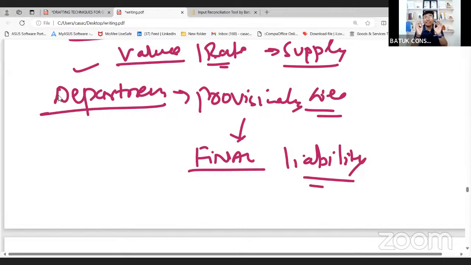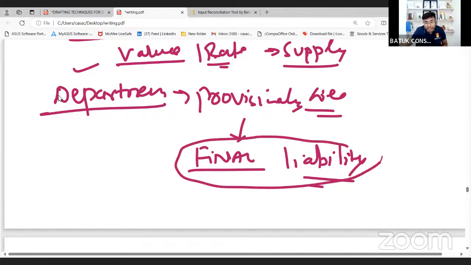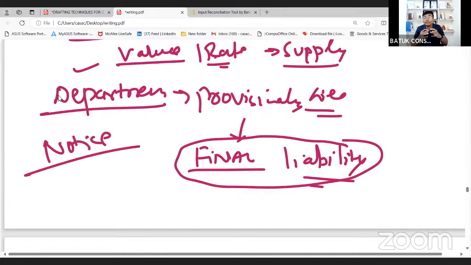For determining that final liability, the departmental authority has to issue a notice to the taxpayer saying that we have done your provisional assessment as on this specific date in this matter, and now we want to do the final assessment because the timeline is expiring in the near future, so we require certain documents. So for doing the final assessment, the departmental authority has to issue the notice, and after getting the requisite documents, the authority has to pass the order.